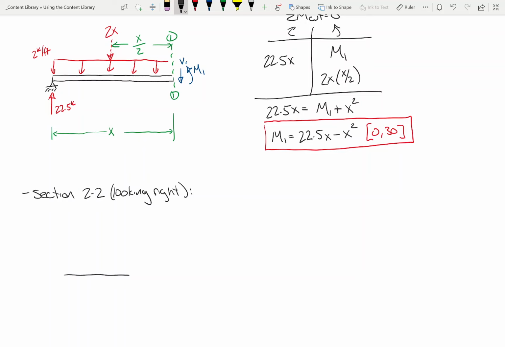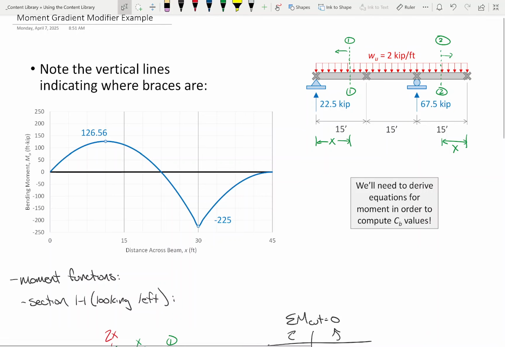So that's what it looks like, right? No reaction over here, because up here we're talking about cutting a section and looking that way.